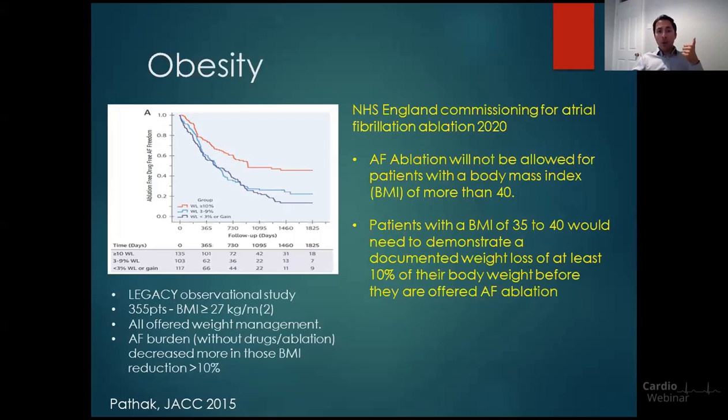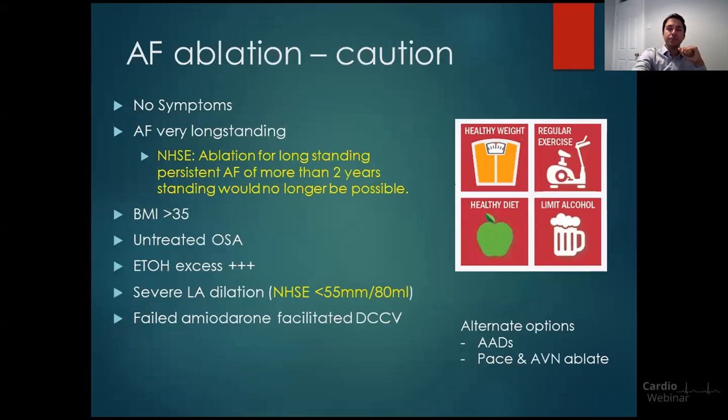They've said, number 1, AF ablation will not be allowed for patients with a BMI more than 40. Patients with a BMI of 35 to 40 need to demonstrate a documented weight loss of at least 10% of their body weight before they're offered AF ablation. So that's a big, big change, and something to be mindful of when we're considering referring someone for AF ablation.